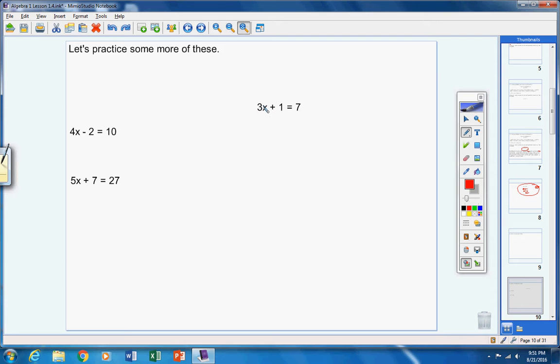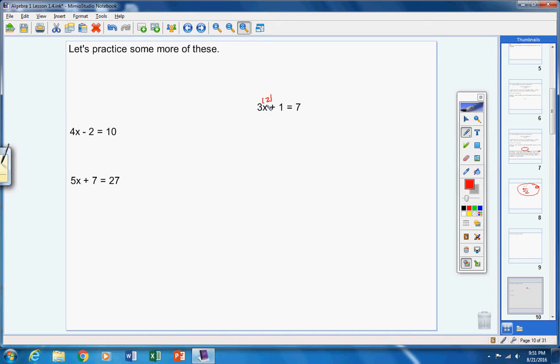What would this 3x have to be, the entire group, to give me a 7? What plus 1 equals 7? 3x would have to be 6, right? Does that make sense? 3x would have to be 6 because 6 plus 1 equals 7. So if 3x has to be 6, then what does x have to be? 3 times what gives you 6? 3 times 2.